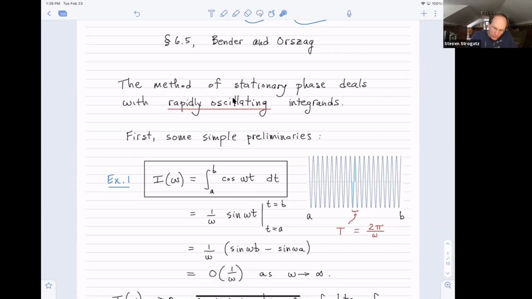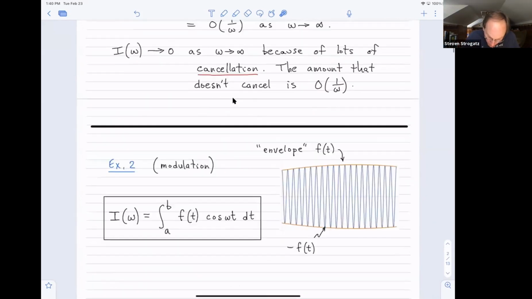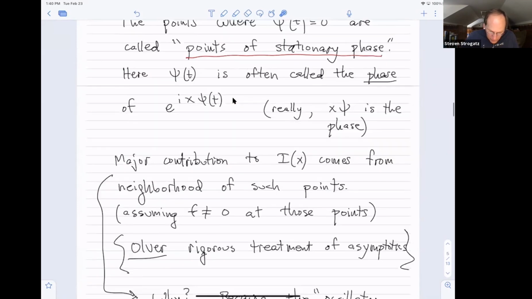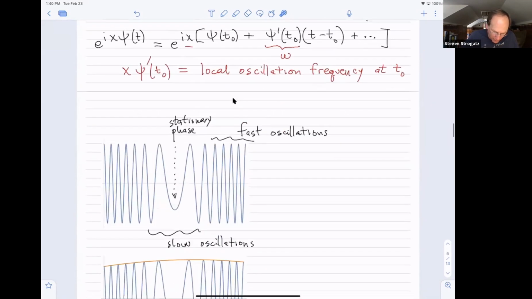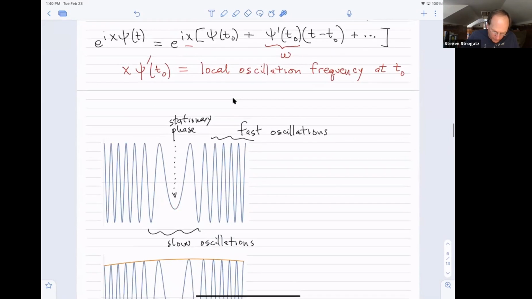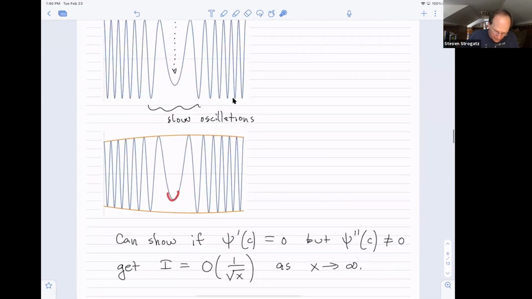So you could think of this function as having a psi of t, which is omega t. And if I take psi prime, I just get omega. You can see it has a constant oscillation frequency. The period is the same everywhere. So this issue doesn't arise in this setting. It's really for systems where the oscillation frequency does slow down and actually comes to zero frequency at some point, which is what we're seeing now when psi prime is zero at places like this or like this.